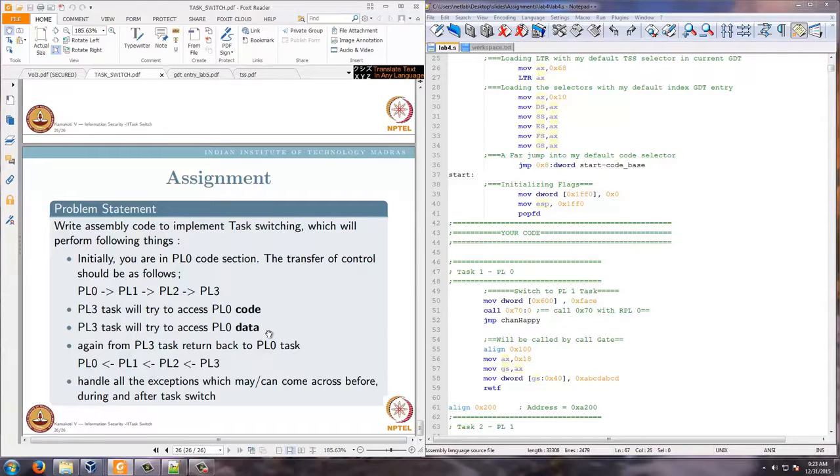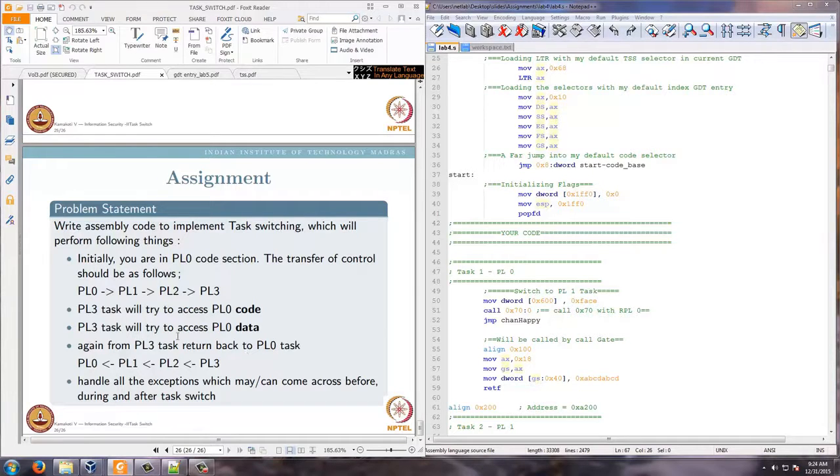We will see what sort of fault it is going to create, and then we will come back, and then after that we will return from PL3 to PL2 to PL1 to PL0. And here also we will see that since PL3 is trying to access PL0 data, there is an interrupt that is happening, and the interrupt service routine will work at privilege 0. So we will also show that the stack corresponding to PL3 is being used, and then PL0 is being used.